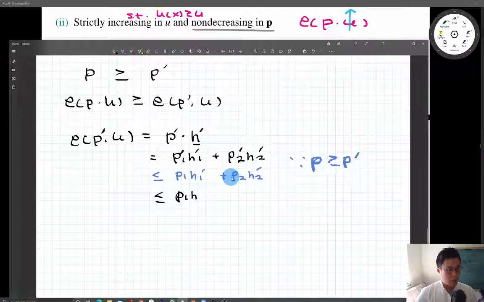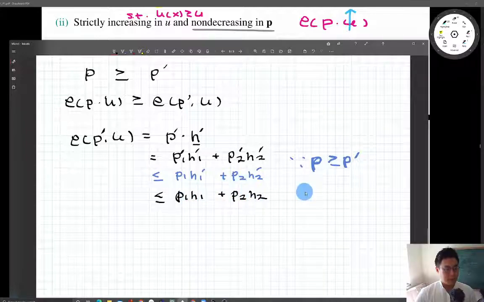So we can say P1 H1 plus P2 H2, where H1 and H2 are the Hicksian demand when the price vector is P. So this inequality holds by the definition of Hicksian demand.